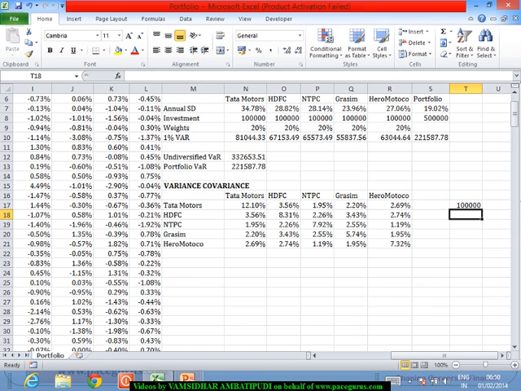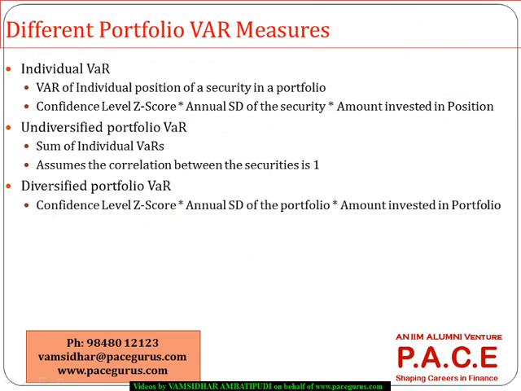because our formula, if you see, our formula for W1 squared sigma 1 squared plus W2 squared sigma 2 squared plus 2W1 W2 covariance between 1 and 2.